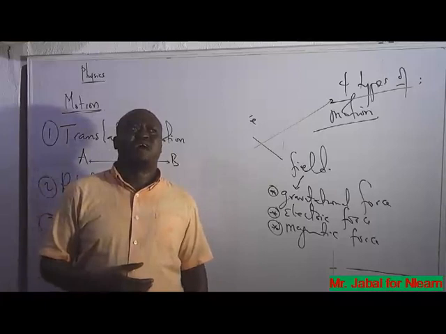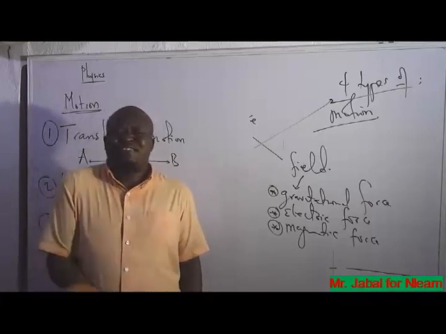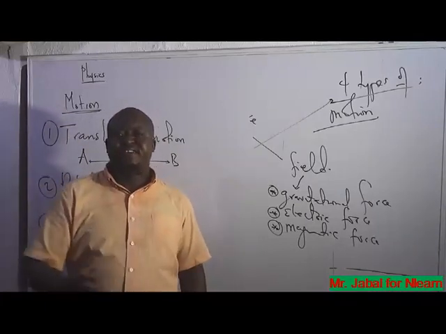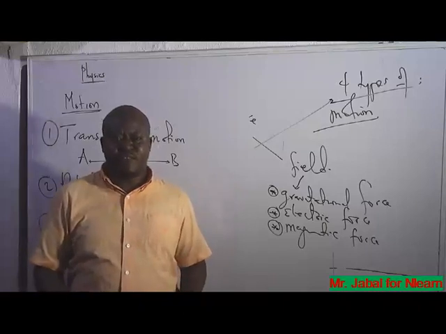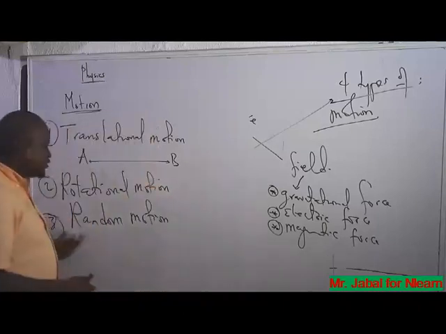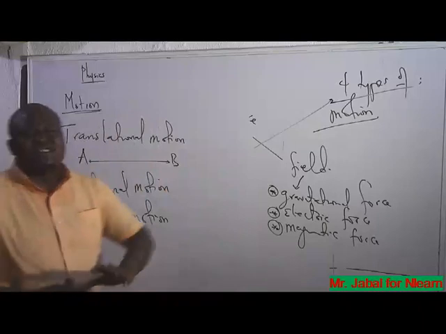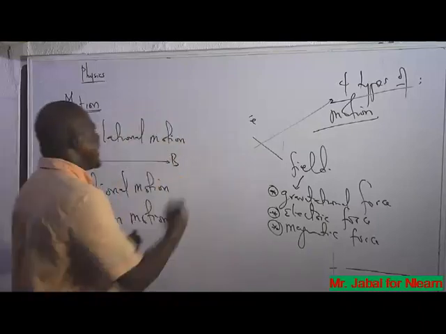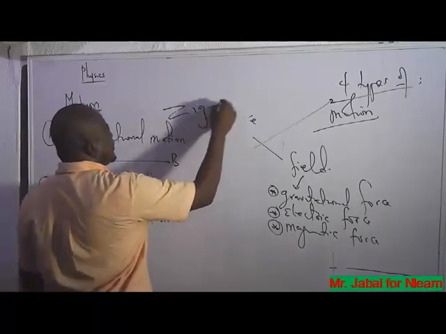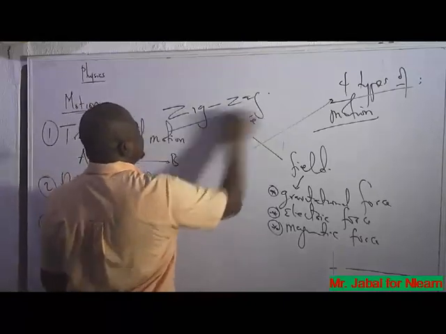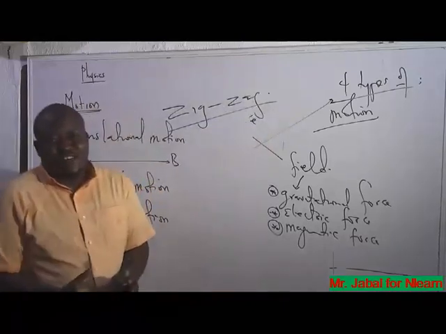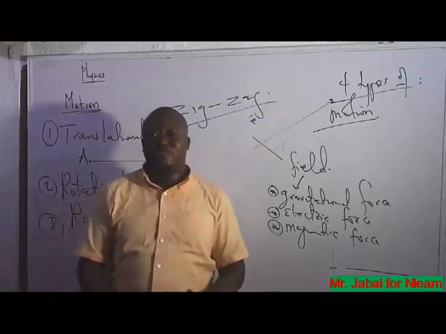It's common among things that have zigzag movement. Anything that has zigzag movement is said to have random motion. A random motion is a zigzag motion.